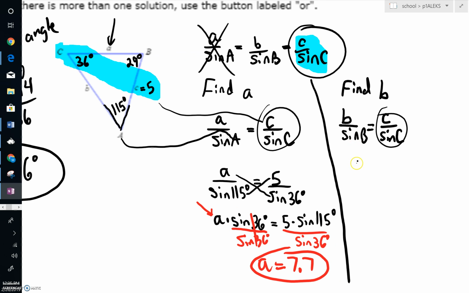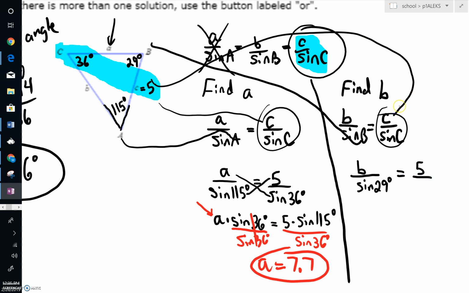And, side B I am looking for, but angle B, you can see that's right up here. That's 29 degrees. Here we go again. Side C, just like in our last problem, that was 5, right? And angle C, that's what we started this whole problem out on. We found it at the very beginning, and we found it to be 36 degrees.